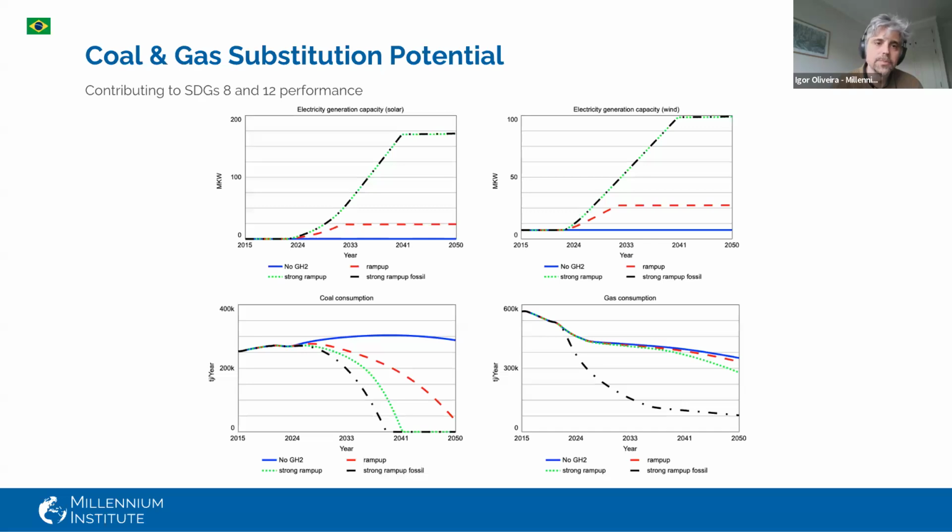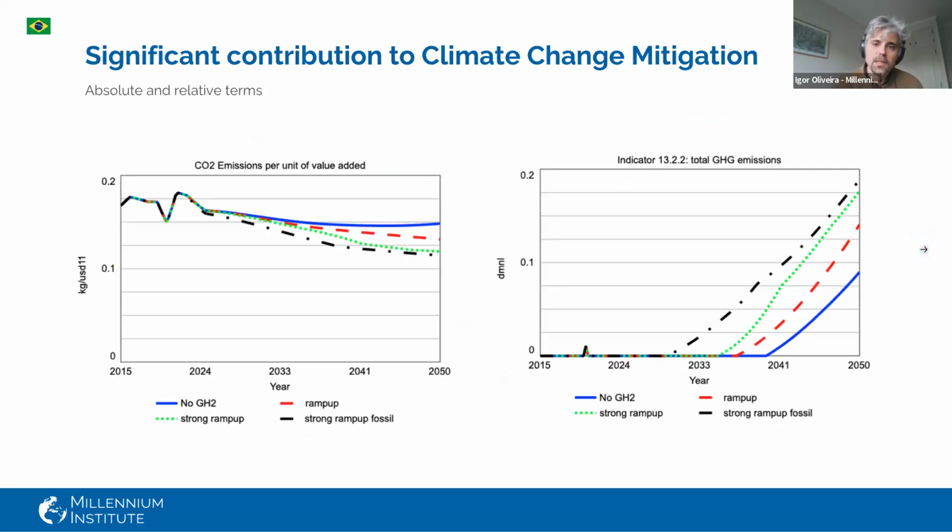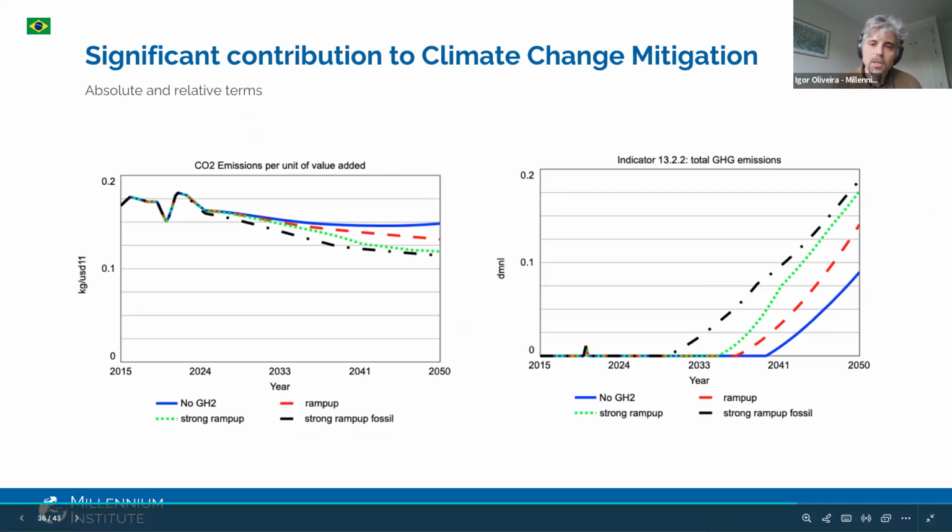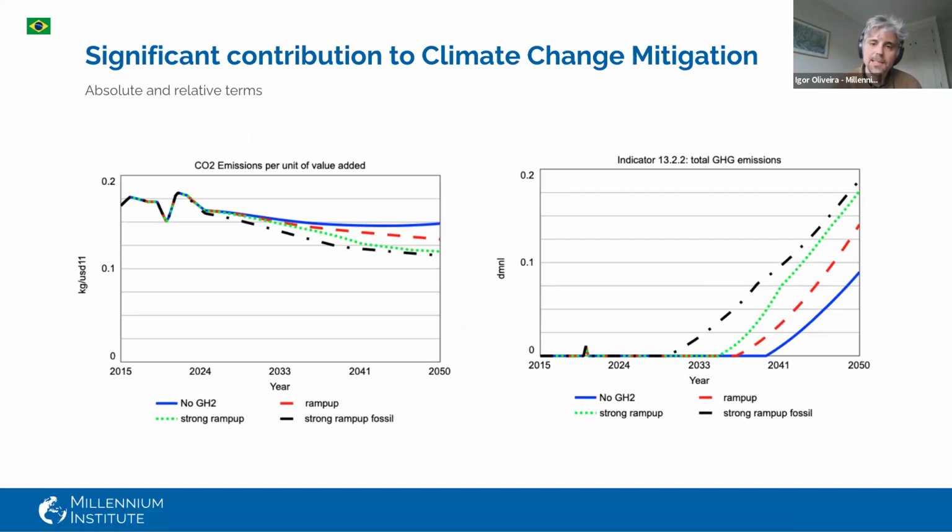Then in the next slide, we see contribution in terms of climate change mitigation, in terms of the fraction of the total greenhouse emissions that we get to avoid in each scenario, and in terms of additional value added and the CO2 emissions per unit of value added, which is also known as decoupling, right?